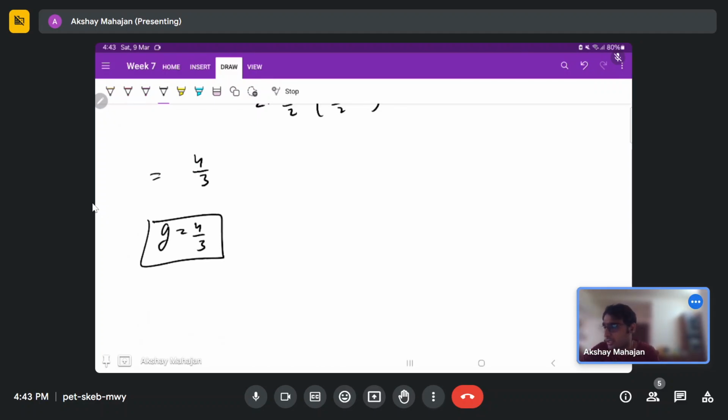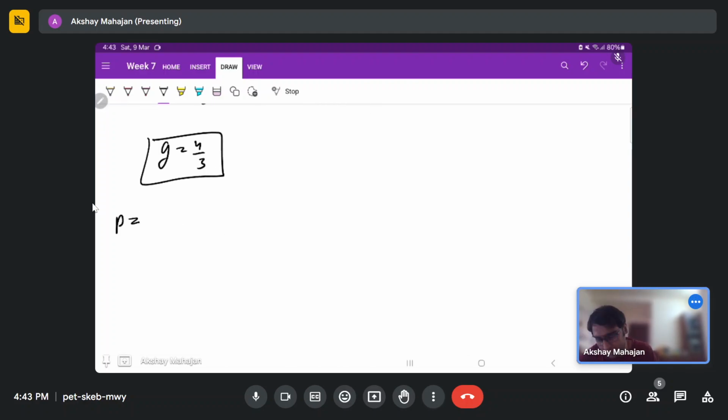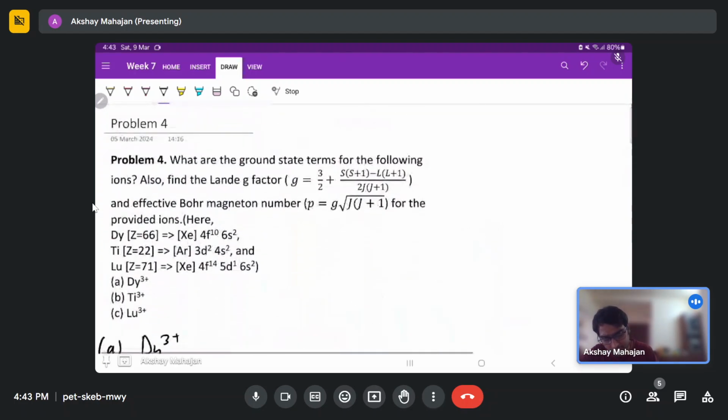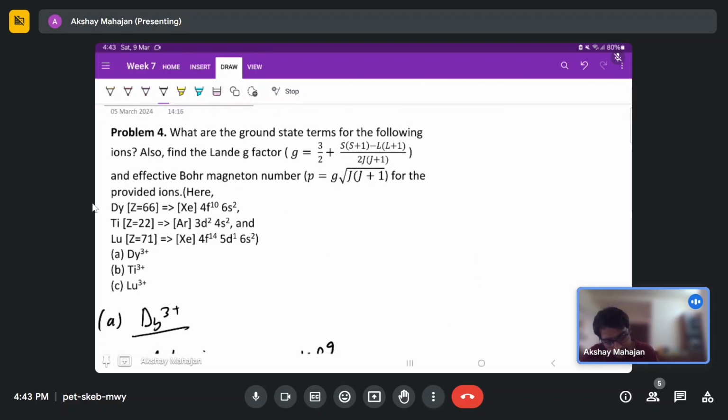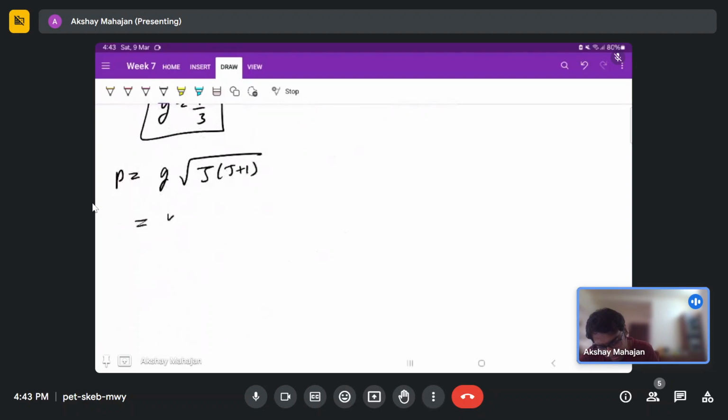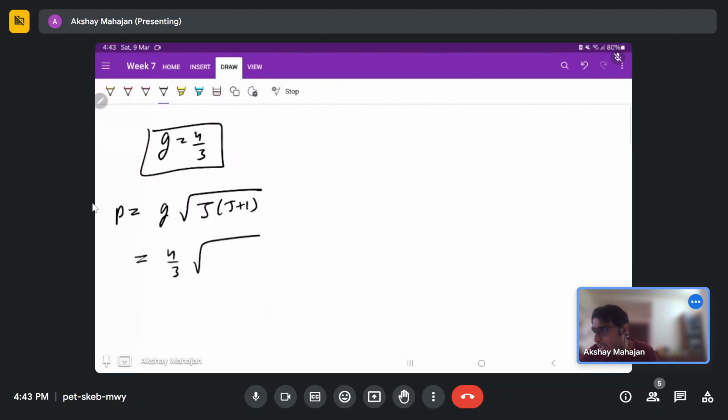Then the effective Bohr magneton or effective magnetic moment P will be g under root of J into J plus 1. You can say effective Bohr magneton actually, so it is in units of mu B. So writing mu B, we will have g under root of J into J plus 1. g we have found is 4 by 3, and J is 15 by 2, 15 by 2 plus 1.